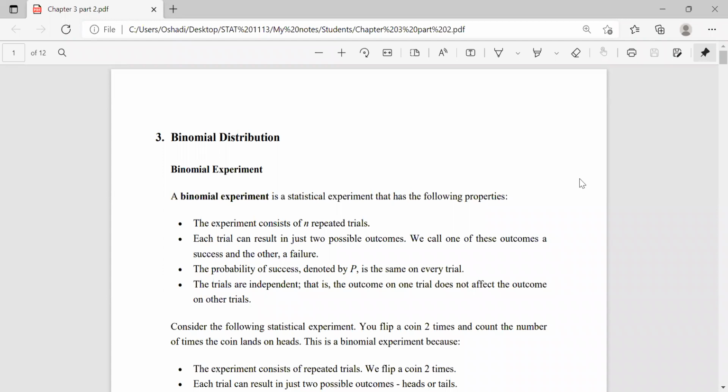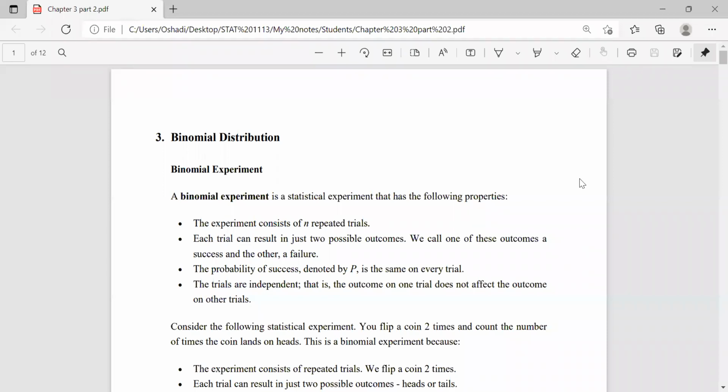So it is called a Bernoulli distribution, right? The probability distribution is also provided.